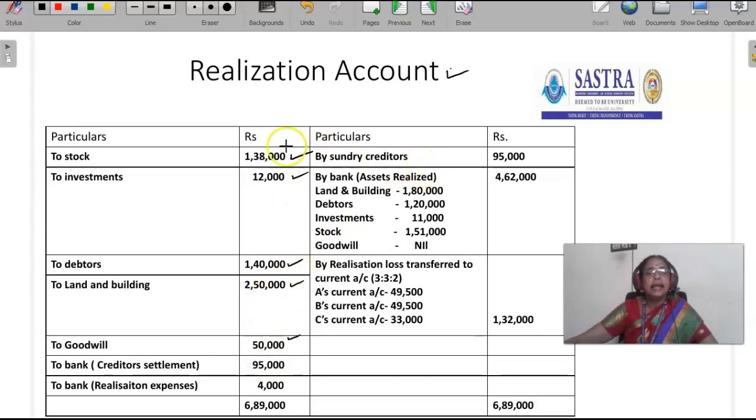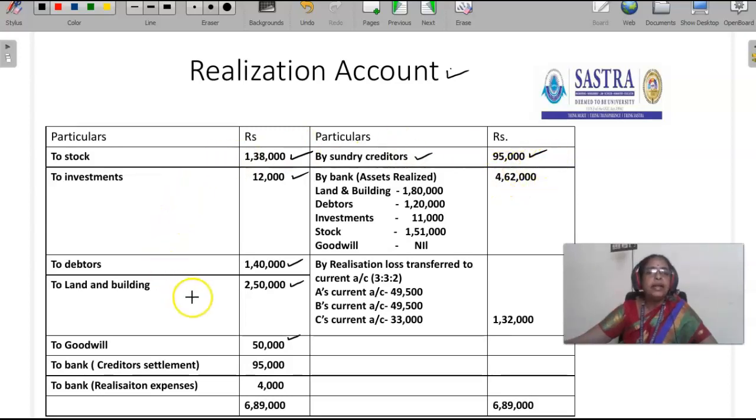And then like assets, liabilities also should be transferred to the realization account. For transferring the liability, the entry would be sundry creditors account debit to realization. Sundry creditors is 95,000.